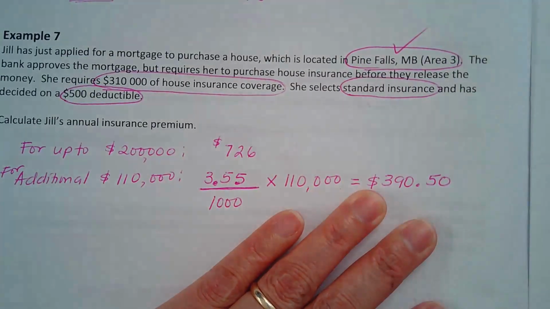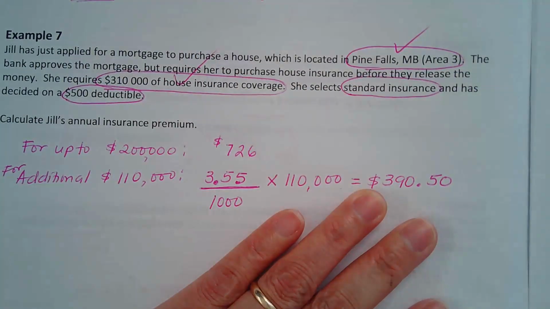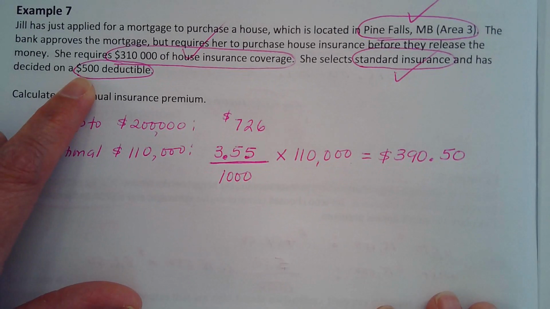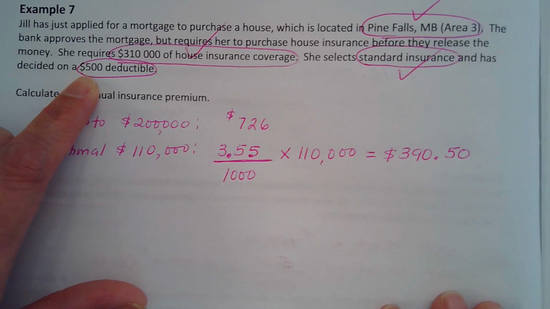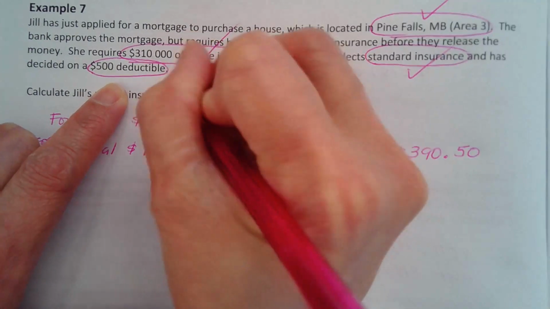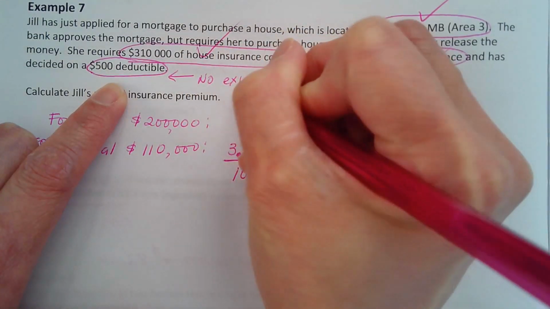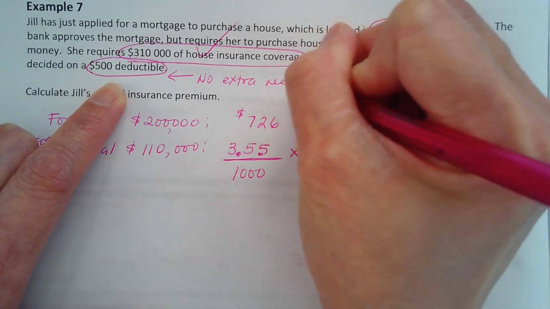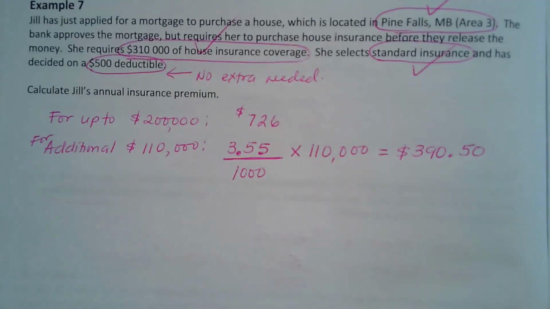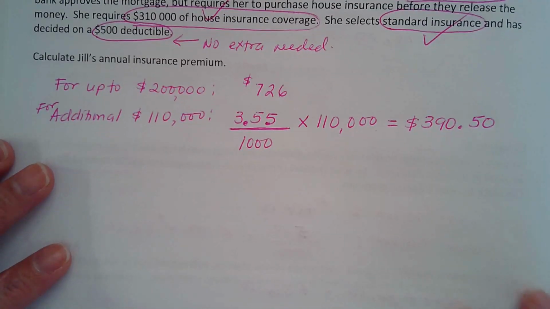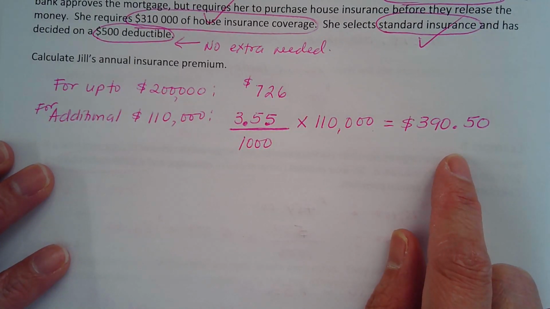We've dealt with this one, we've dealt with the 310, what about the $500 deductible? Okay, now because this is a $500 deductible, it means no extra needed. So we don't have to put in that extra 10%. Okay, so that's good. We don't have to pay extra. So what's the next thing that we gotta do?